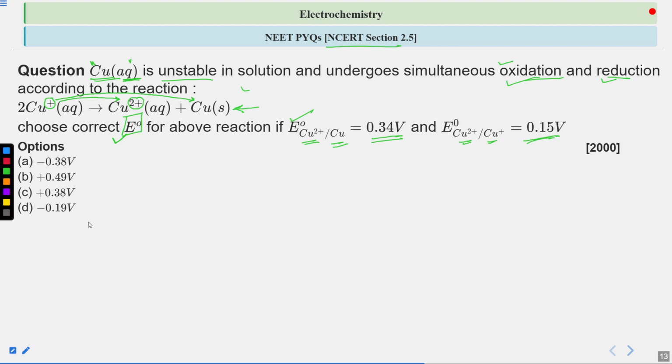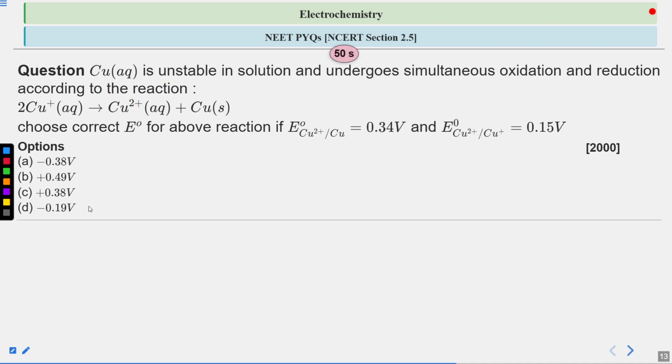The options are minus 0.38 volt, plus 0.49 volt, plus 0.38 volt, or minus 0.19 volt. You got some time, solve it and then we will see which will be the correct option.